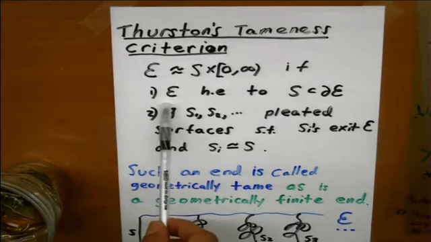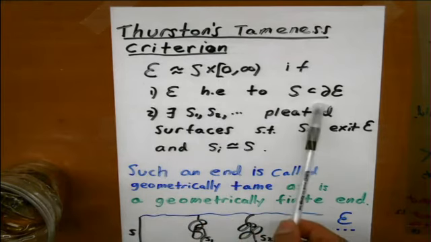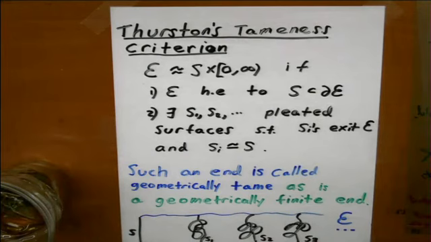First, the end is homotopy equivalent to a surface. Here's the end, and here's the boundary of the end, the surface. So the first condition is that the inclusion of the surface into the end is a homotopy equivalence. And the second condition is that there's a sequence of pleated surfaces, in Thurston's terminology, that are exiting the end.